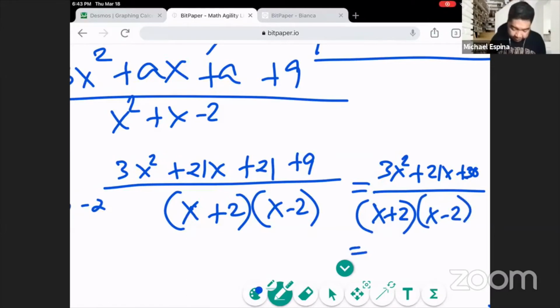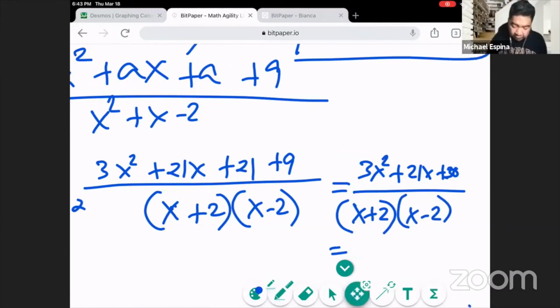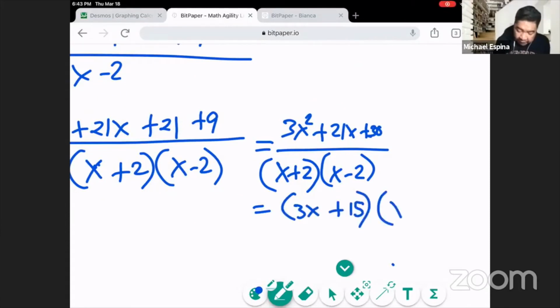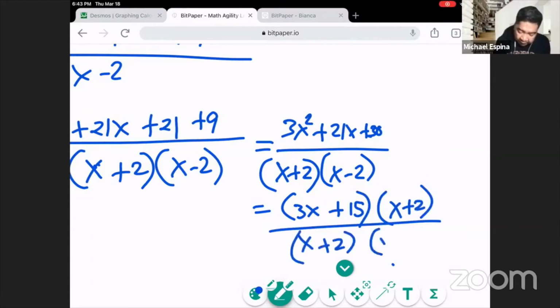And then let's factor out the numerator. So the factors will be 3x plus 15 and x plus 2, right? And then x plus 2 over x minus 2. So there is a hole in the graph, so we can cancel this out.